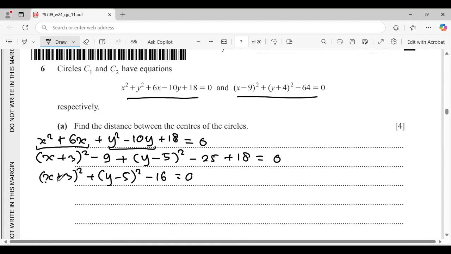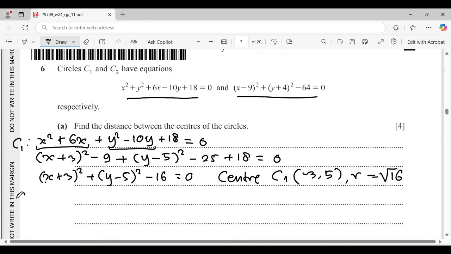So this is the equation of a circle with center, the center of C1 is minus 3, comma 5, and radius is square root 16. Yep, correct. This is for C1.